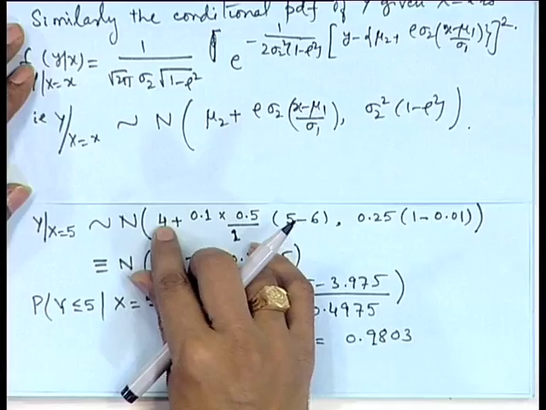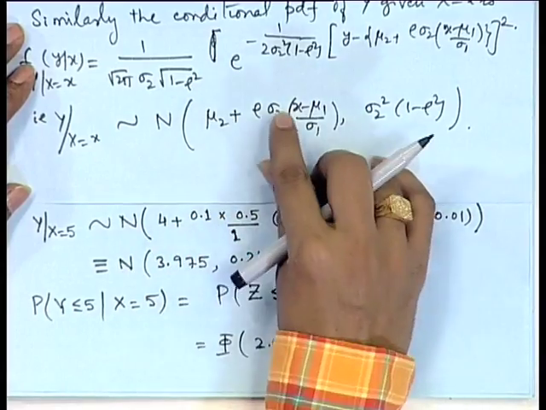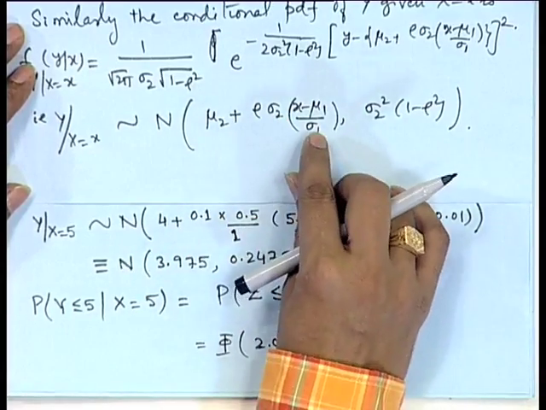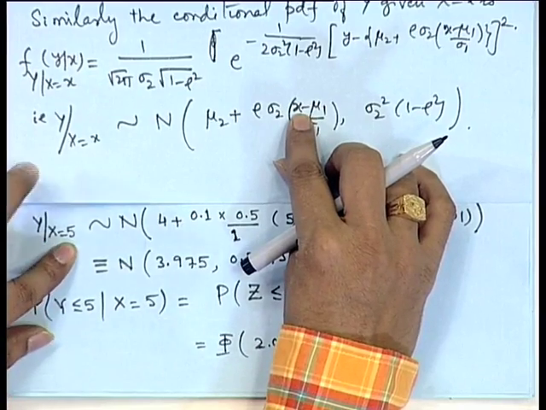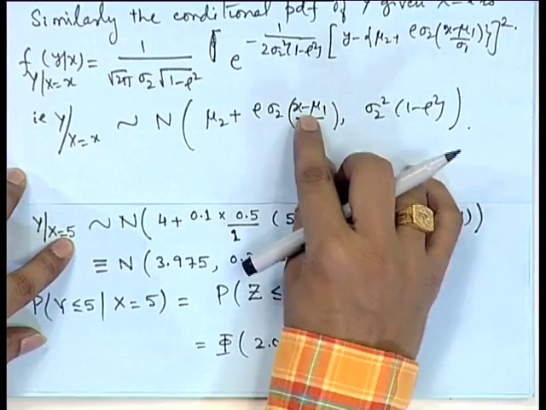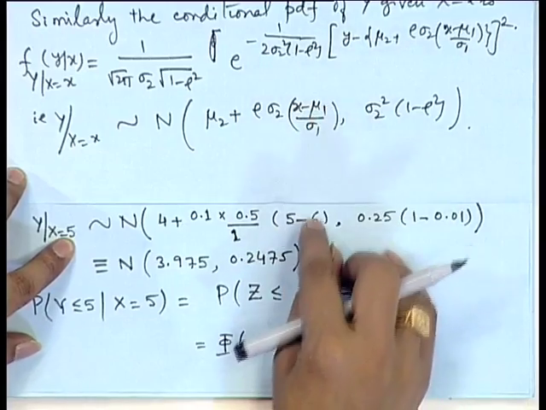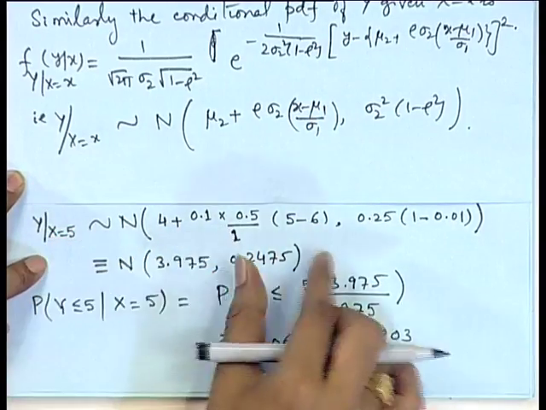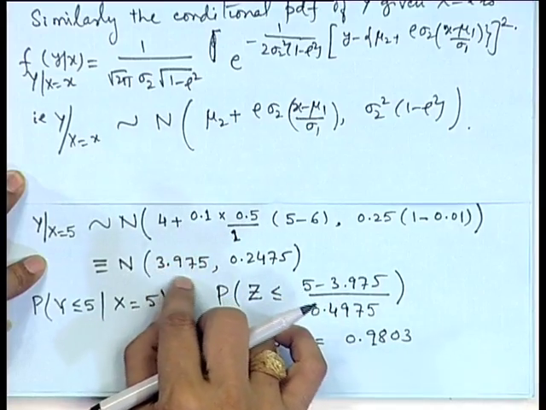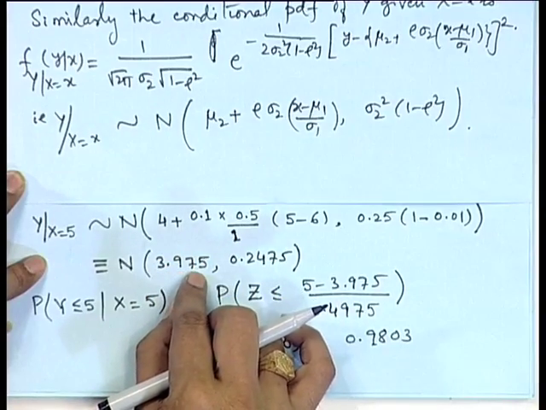Here mu 2 is 4, rho is 0.1, sigma 2 is 0.5, sigma 1 is 1, x is 5 and mu 1 is 6. So, this is the mean of the conditional distribution of y given x. After simplification this turns out to be 3.975.